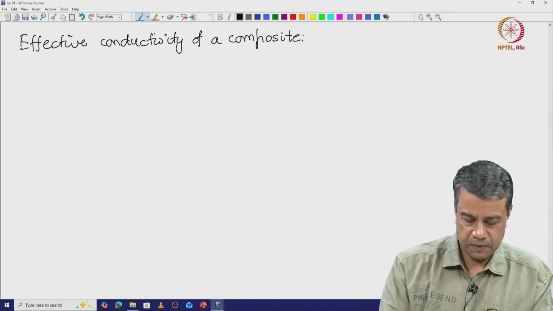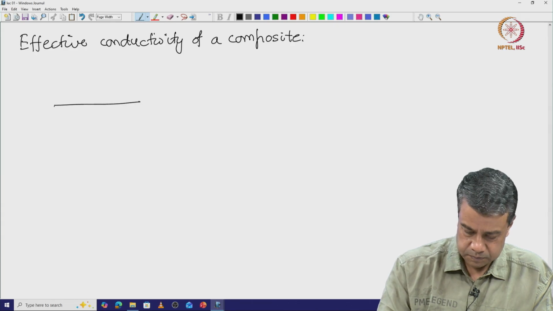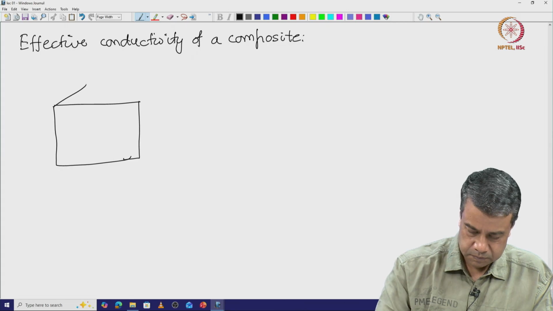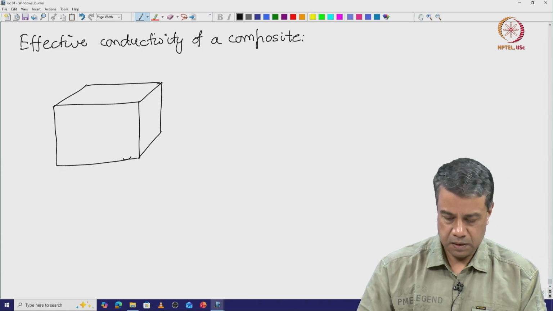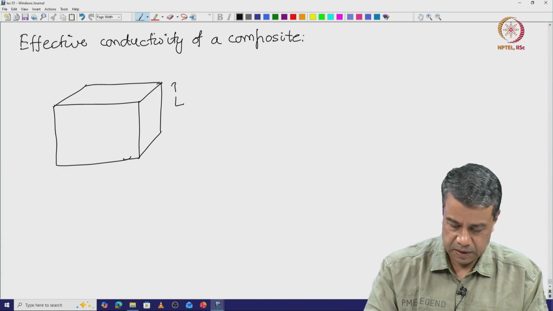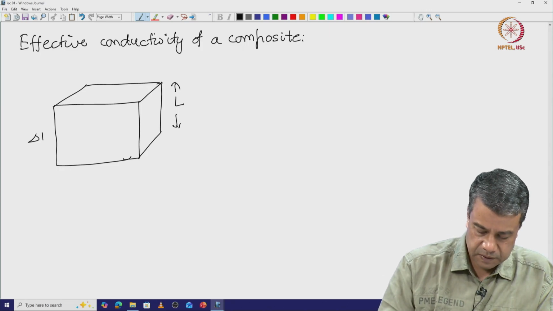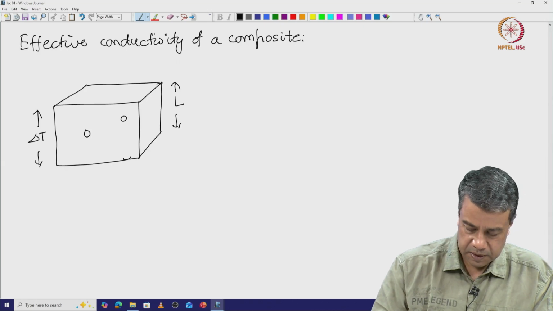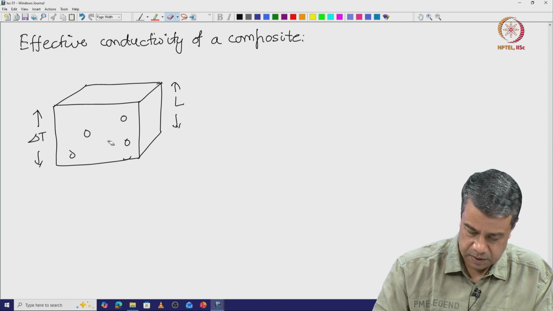So basically what we had was a composite material of some length L, across which we had applied a temperature difference delta T, and this composite material had some spherical inclusions in it.